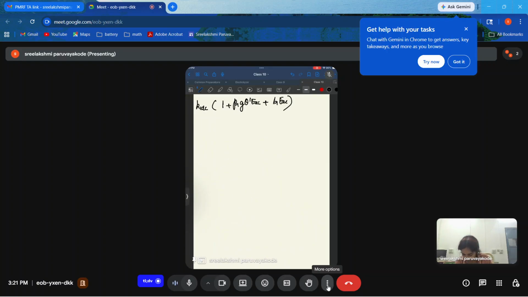So I'm neglecting that value. This is the value you get for K1. Now similarly, K2 will be K2 DC 1 plus beta 2 G theta dash EAC plus B2 EAC. So this is the expression you get for K1 and K2.